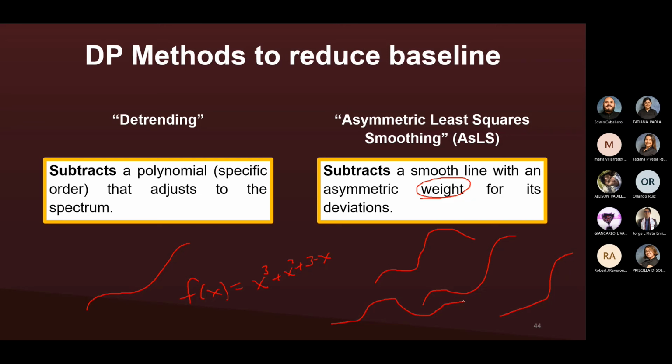However, when it comes to creating models, I do not recommend you use data preprocessing methods that reduce baseline. Why is that? That is because each of the polynomials that you determine will vary between spectra. You will not have a unifying polynomial that will give you the best results for every spectrum.